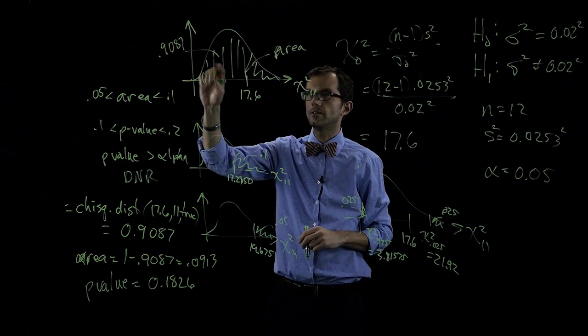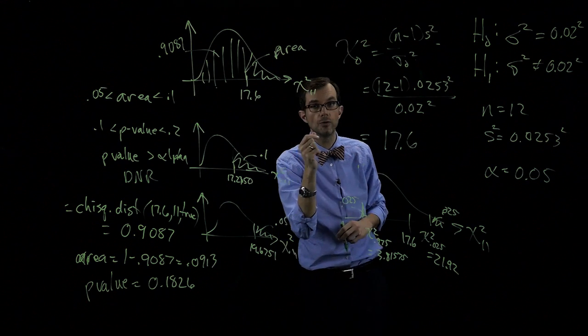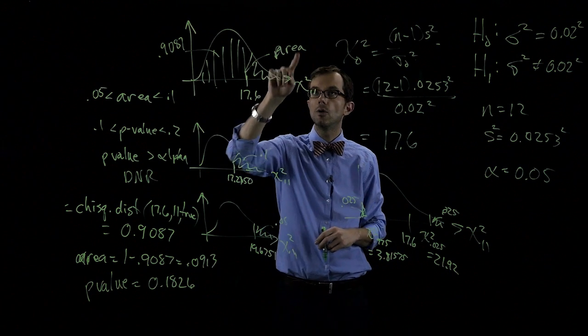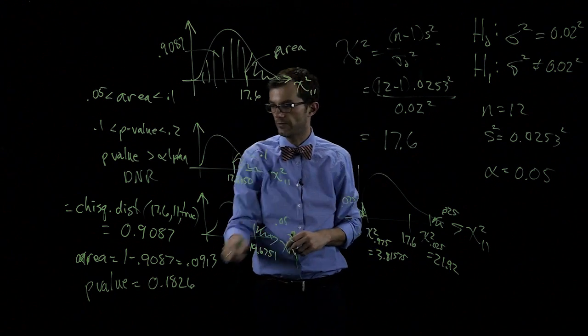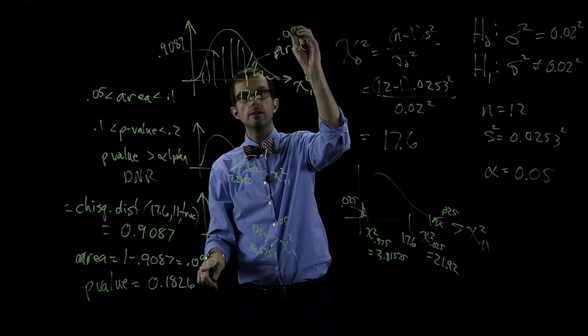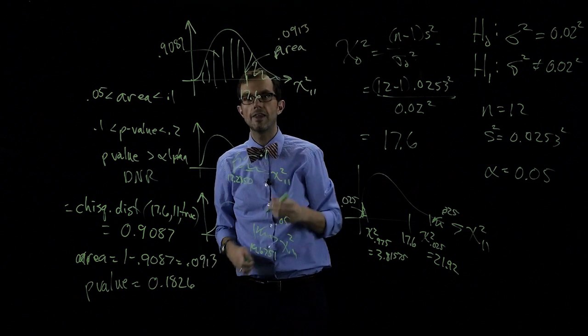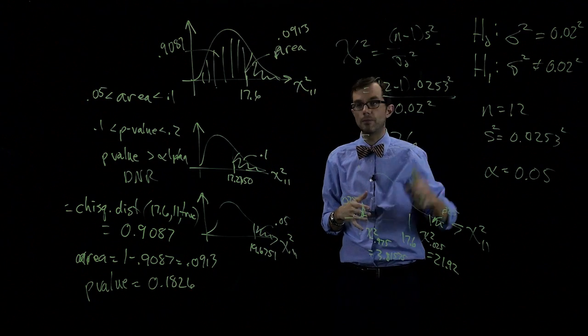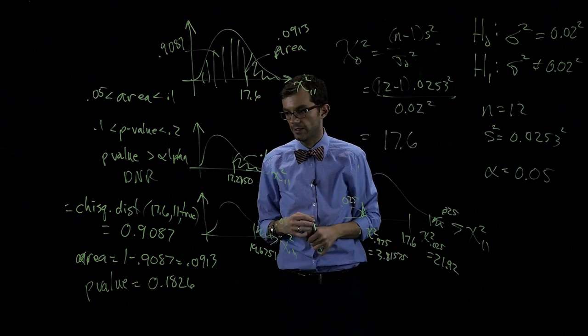We can't have that. A p-value is a probability. Can't have a probability of something greater than 1. So this area is the one we needed to find, and that was 0.0913. When you multiply that by 2, you get something reasonable that sounds like it would be a p-value, a probability.